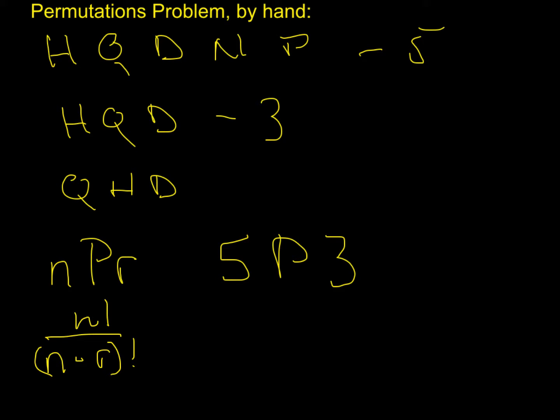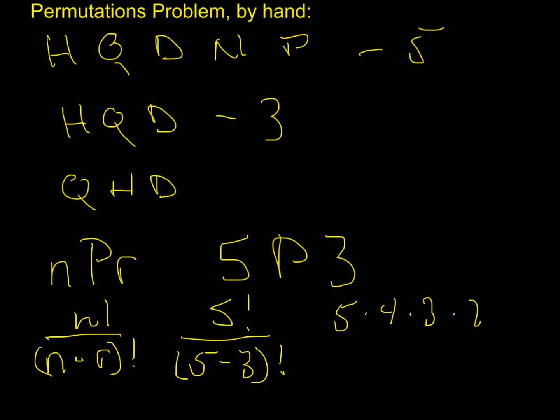So we would plug in our numbers. We have 5 factorial divided by 5 minus 3 factorial. So that gives us 5 times 4 times 3 times 2 times 1 over 5 minus 3 is 2 factorial, which is 2 times 1. So we'd cross out the ones that are shared between top and bottom, and we would take this product, which is 20 times 3, so that's 60 permutations.